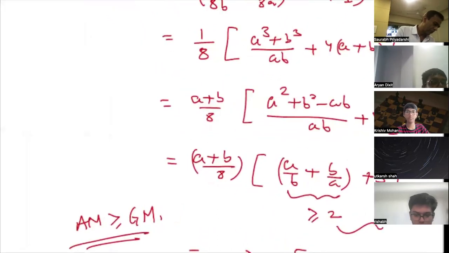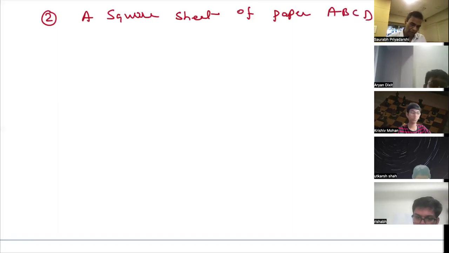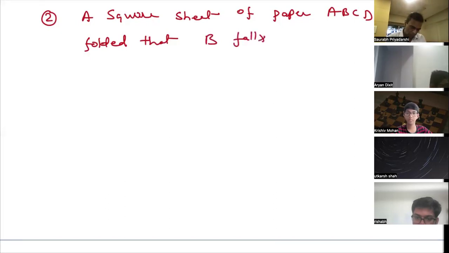Okay, now the second one. So I hope a square sheet of paper ABCD is so folded that B falls on the midpoint M of CD.